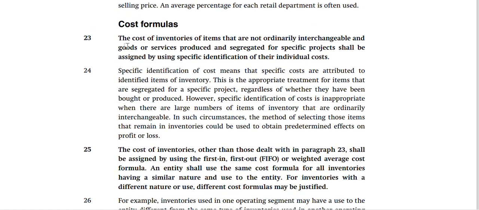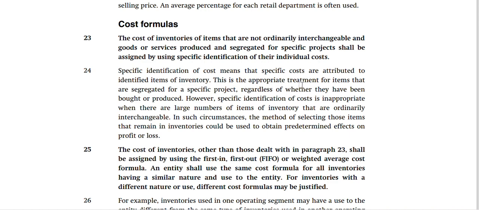In paragraph 23, the cost of inventories of items that are not ordinarily interchangeable, and goods or services produced and segregated for specific projects, shall be assigned by using specific identification of their individual costs. Specific identification of cost means that specific costs are attributed to identified items of inventory.